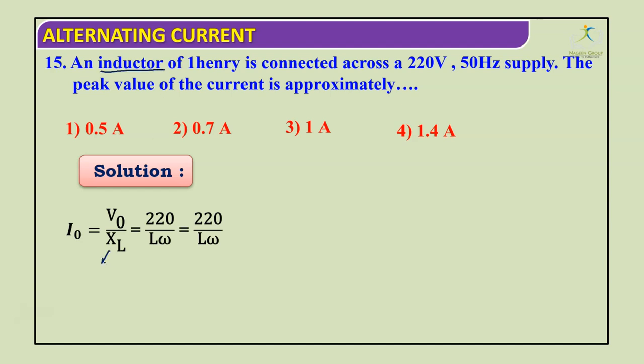What is XL? Inductive reactance. I just put 220 by L omega. After putting all these values, the answer will become 0.7 ampere. So the correct option will be 2.